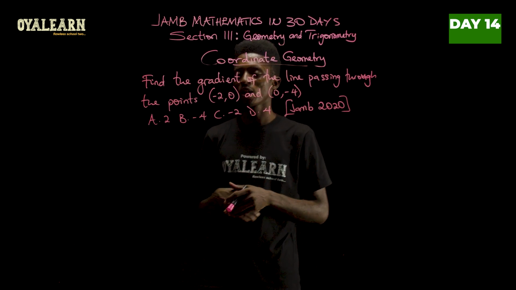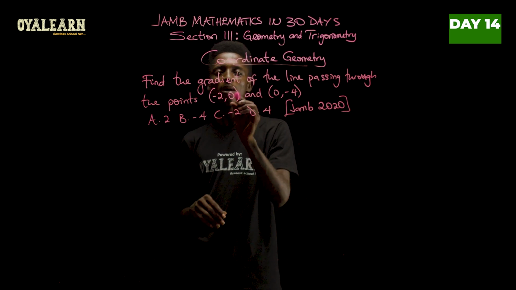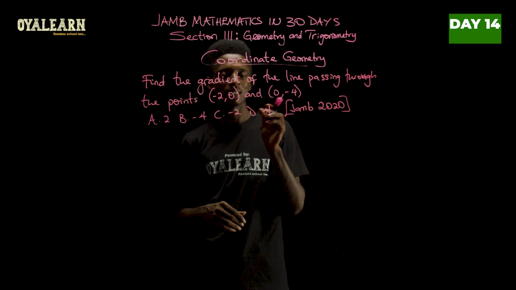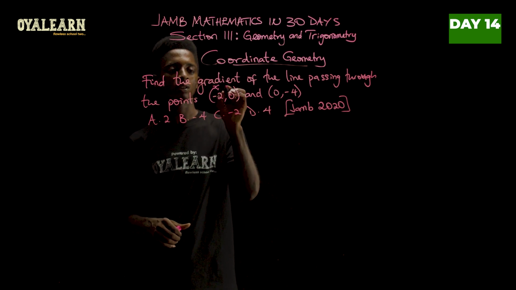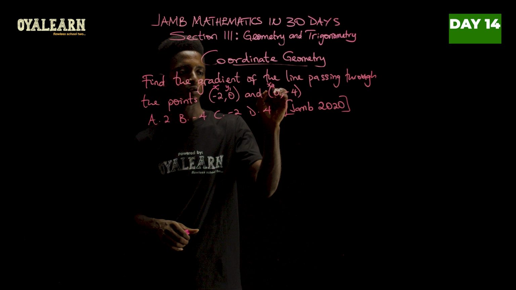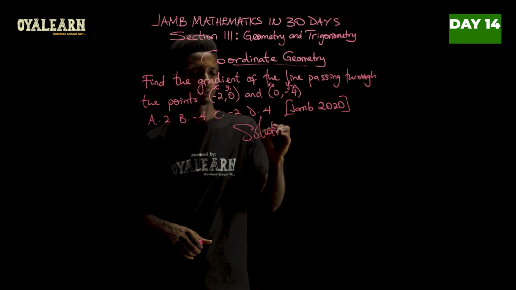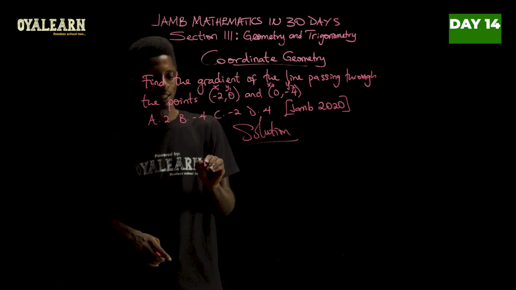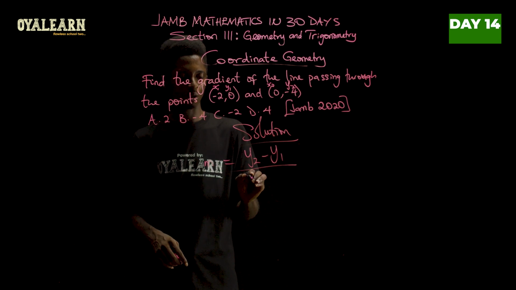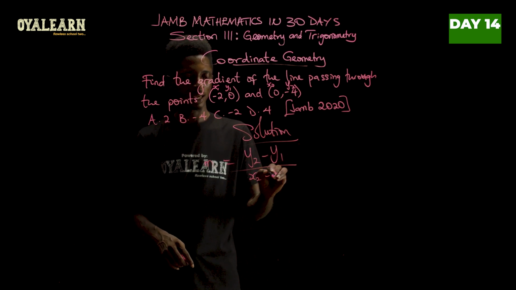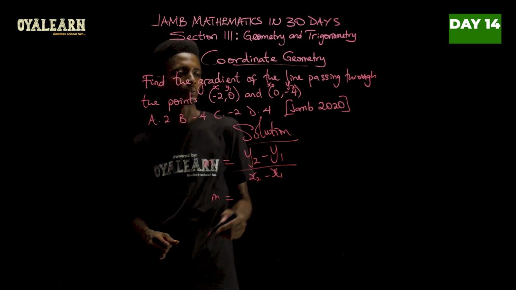In this question, we are to find the gradient of the line passing through the points minus 2, 0 and 0, minus 4. So we know this would be x1, y1, x2, y2. So solution. The gradient m is given by y2 minus y1 all over x2 minus x1. So let's go on to find the gradient now.